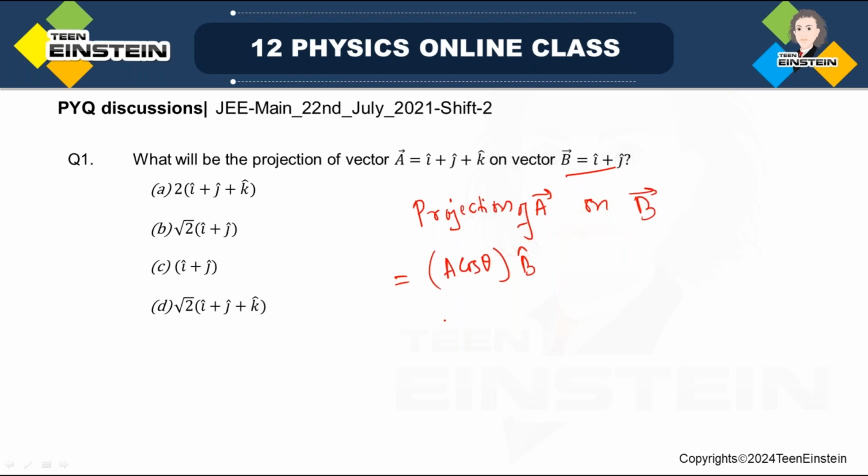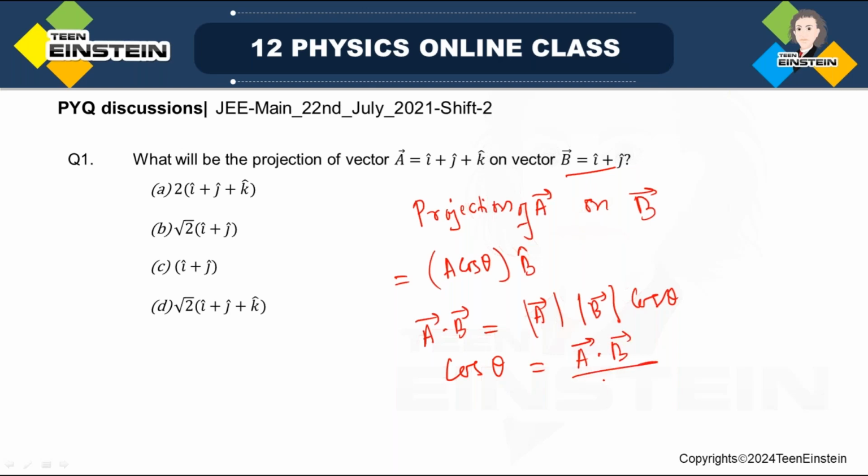So see this cos theta, we know this theta is the angle between A and B vector. So how do we get that? We know A dot B will be mod of A mod of B cos of theta. So if we want to get cos theta, so cos theta will be A dot B by mod of A mod of B, okay?